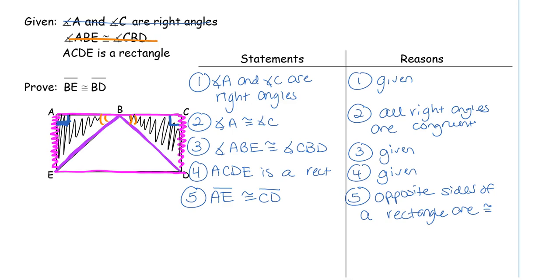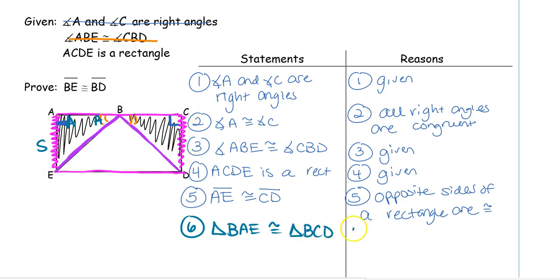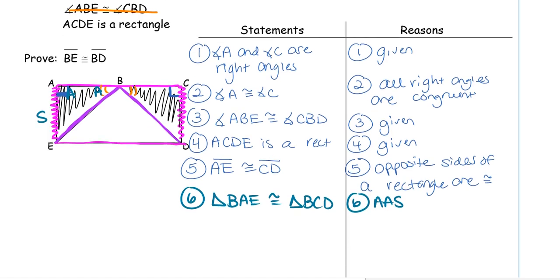Now we have our three pieces of congruent information. We go to our diagram, we see that we have angle, angle, side. So we can say that triangle BAE, and we make sure that we go in the same order when we name our second one. Since I went from B to A to E, I'm going to go from B to C to D. Based on the order of our pieces, we know that they're congruent by angle, angle, side.